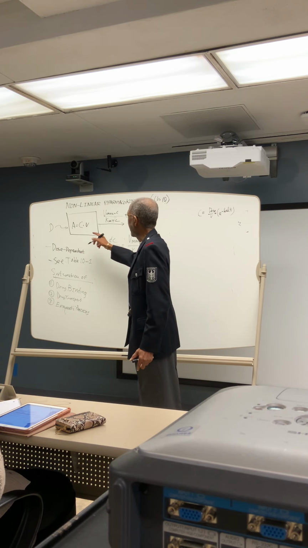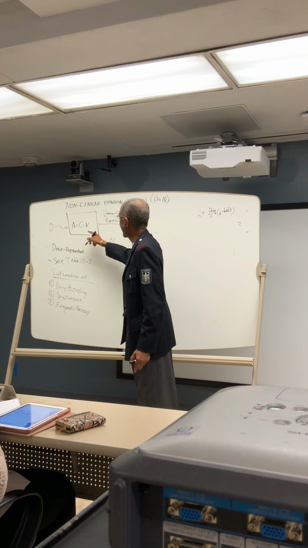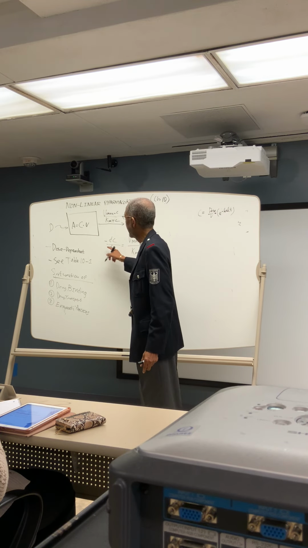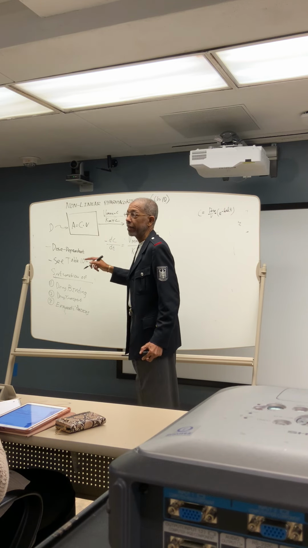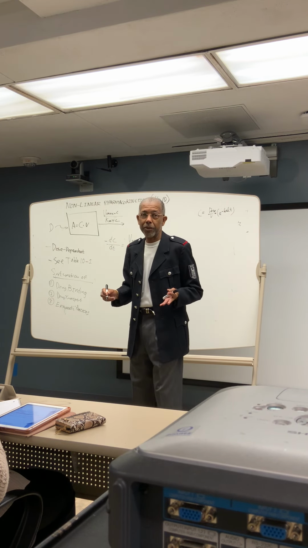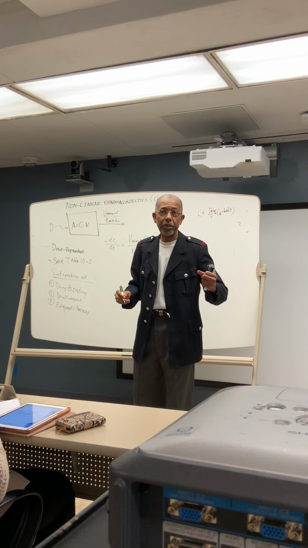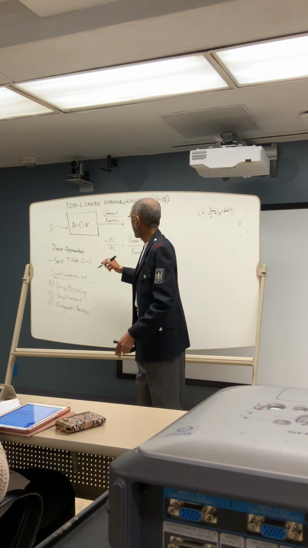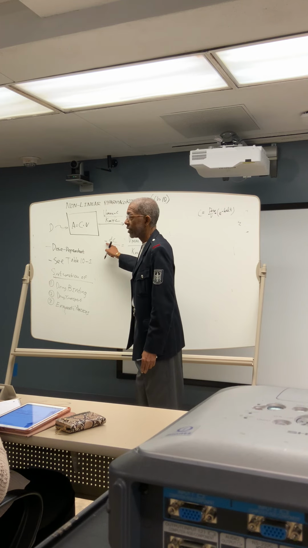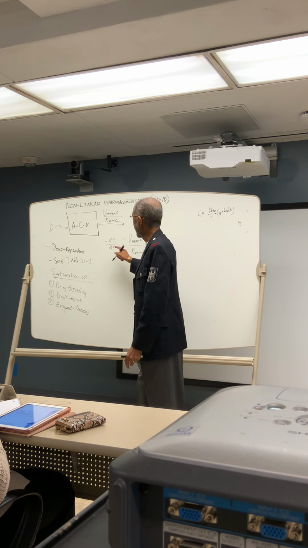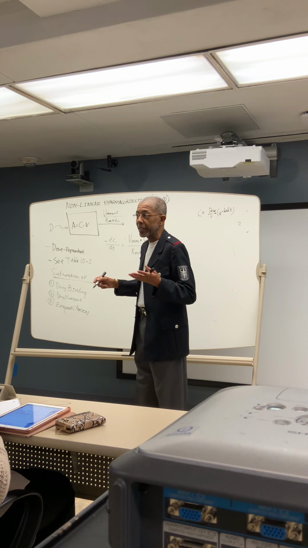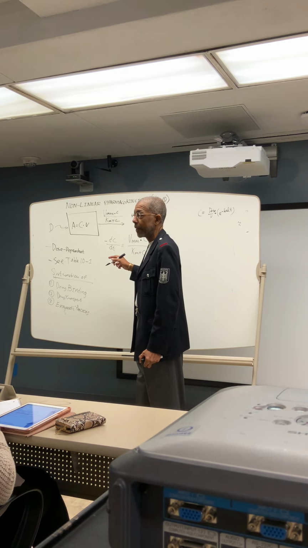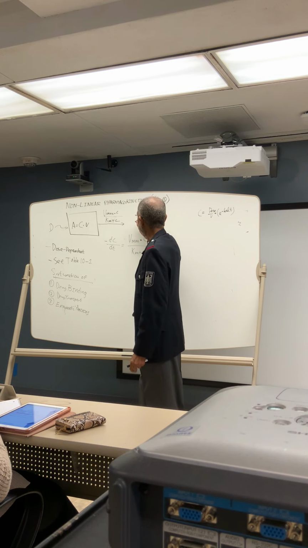When I put it here, it indicates that this change in concentration over the change in time means the concentration is going down. We know that from our previous discussion of the one compartment model: if we give an IV bolus dose, we get an initial concentration and then it starts heading downward. So that negative sign indicates that the concentration is going down. This is the rate equation for this model, the so-called Michaelis-Menten equation.